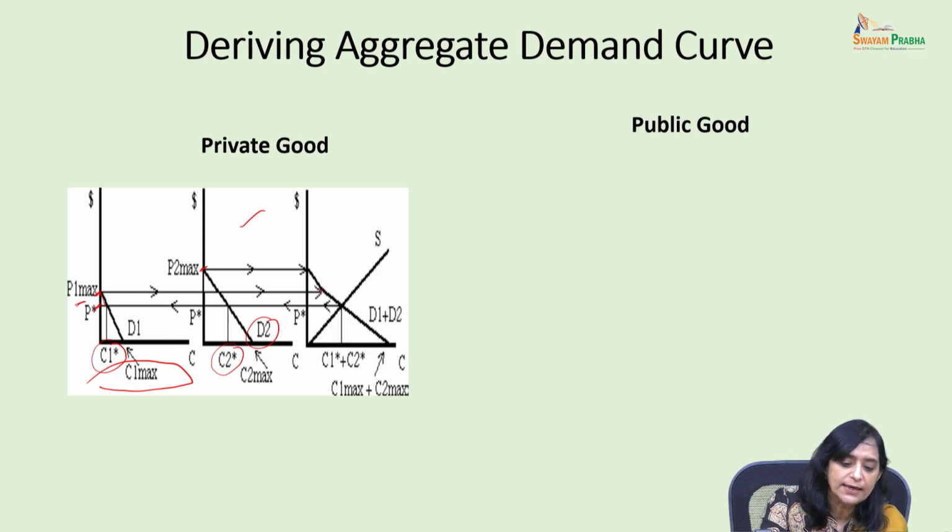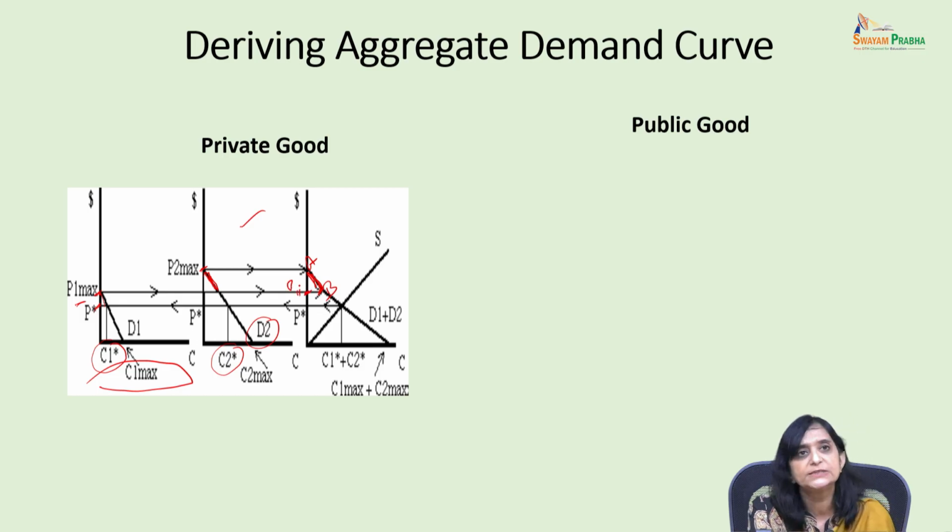You see a kink at this point. It means that between this point and this point, let us say between point A and B, the aggregate demand curve is only reflecting the demand of person 2, because at this point, this is the maximum price. This is P1, which person 1 has said: I am willing to pay only P1.